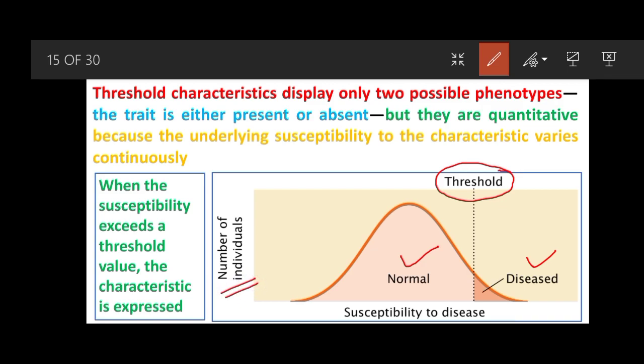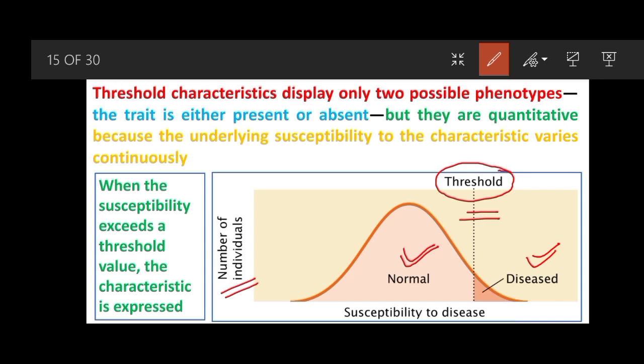and in many individuals we can see that many factors can be present, but until the threshold is achieved, the person is said to be normal, and after the achievement of this threshold, the person will be diseased. So there is also a difference in phenotype, and this variation is continuous.